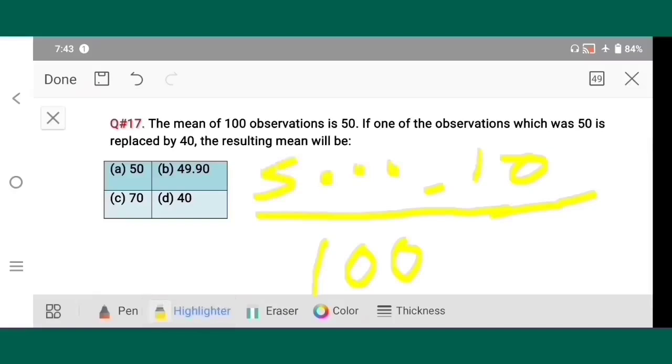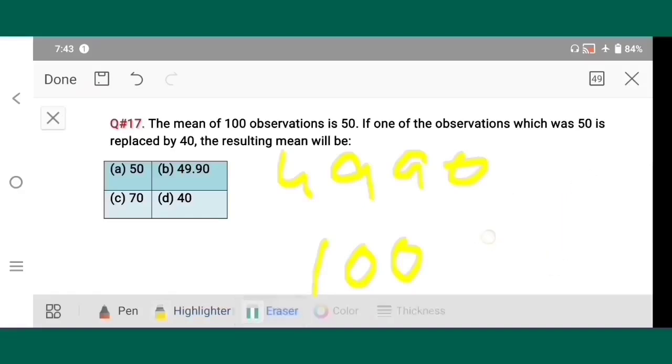So just subtract 10 from it, so it gives 4990. When we divide this by 100, it gives 49.9. So our correct answer is 49.90, that is option B.